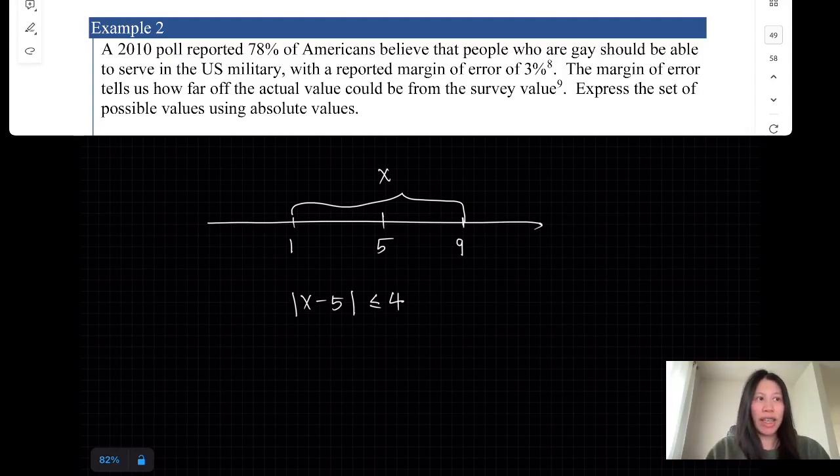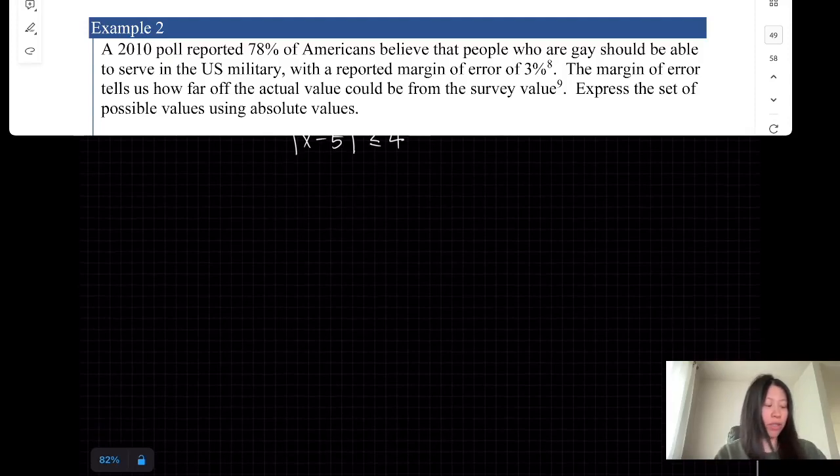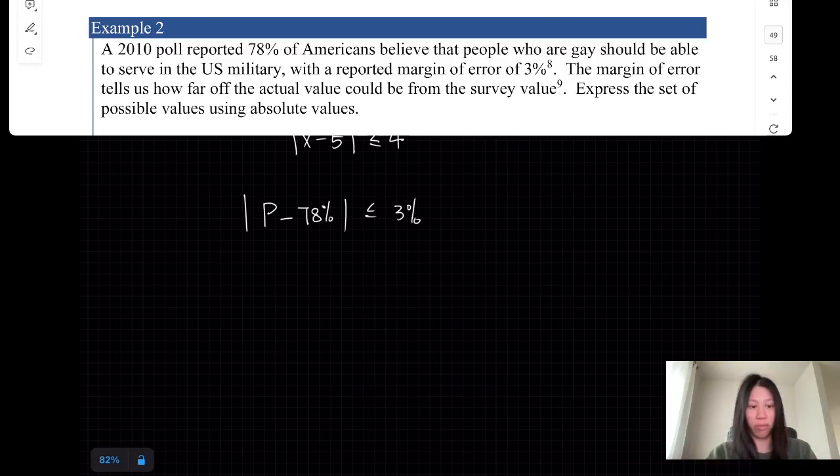Since we want the size of the difference between the actual percentage P and the reported percentage to be less than 3%, I can write that P minus 78% should be within 3%. So here is the expression.